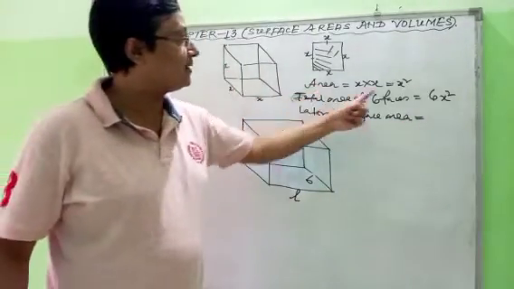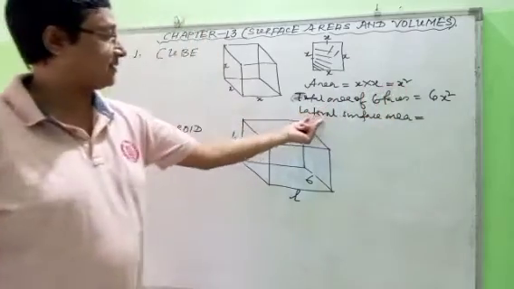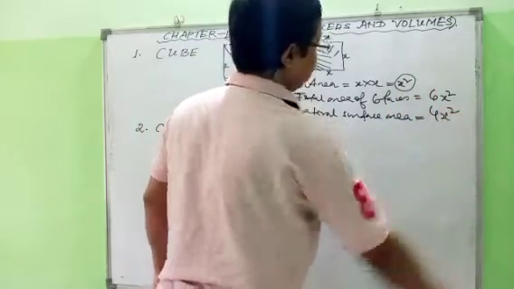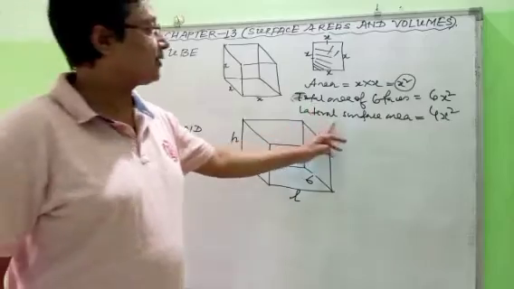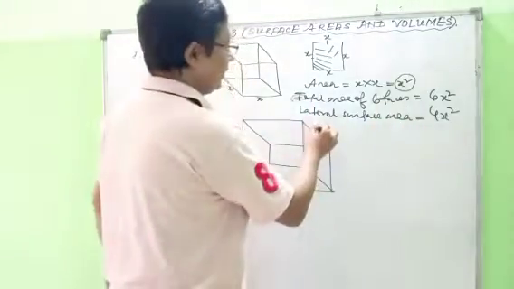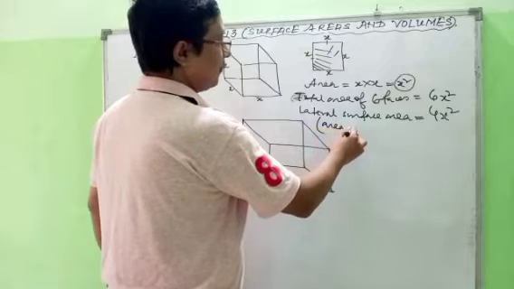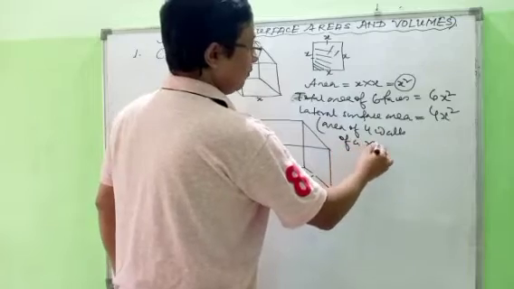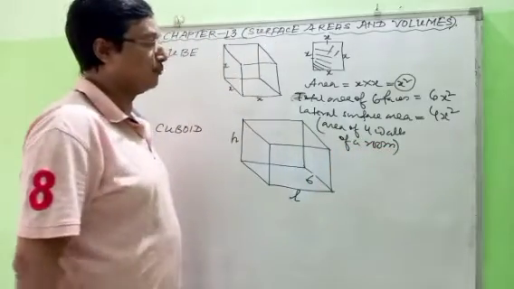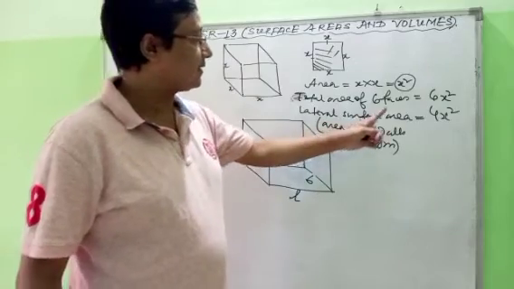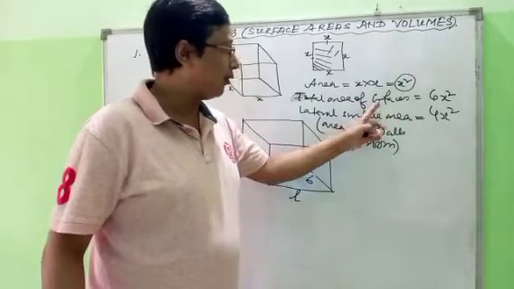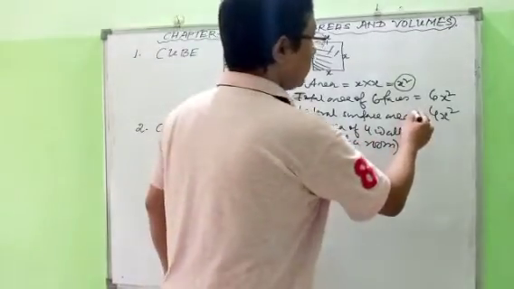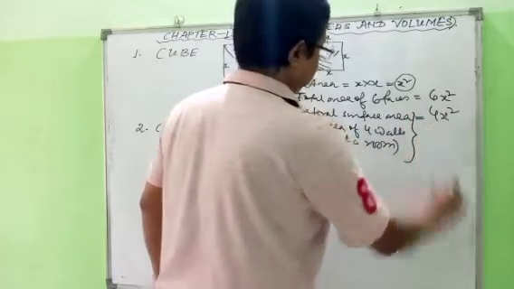One face area is x square, so for 4 faces you will get 4 times this, so it will be 4x square. This is called the lateral surface area, or it is also called the area of 4 walls of a room. So the lateral surface area of a cube, or the area of 4 walls of a room, you get 4 into x square, so 4x square.